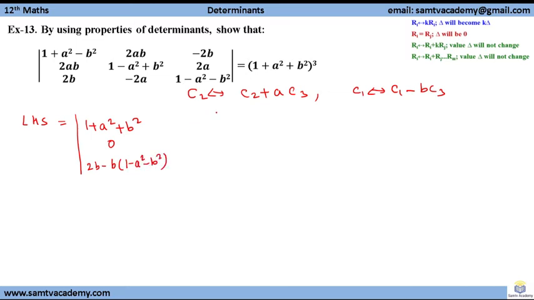The third column remains as it is: 2B, 2A, and 1 minus A square minus B square.